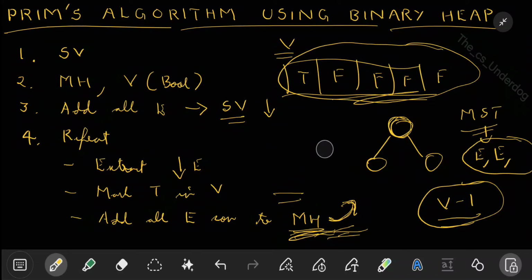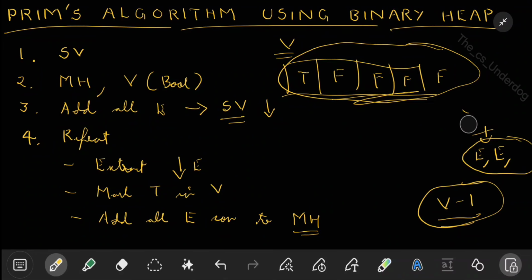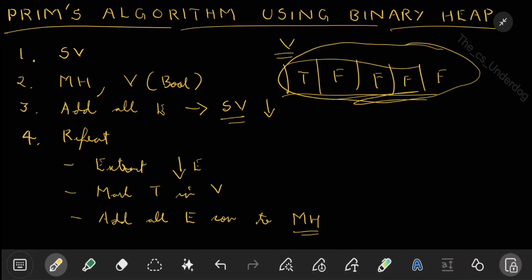So let us just understand these steps clearly, and then we'll go into time complexity analysis. So our steps are: initially you can select any arbitrary starting vertex. Then you should have an empty min heap and a Boolean visited array.